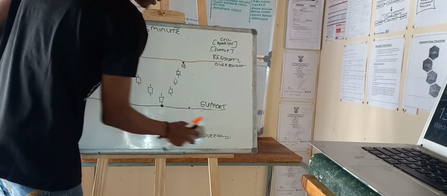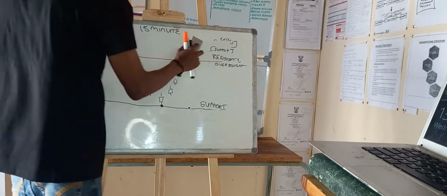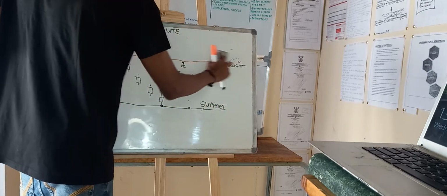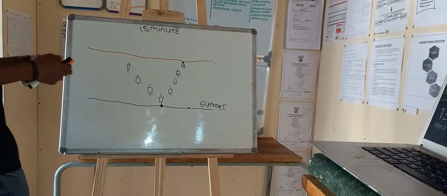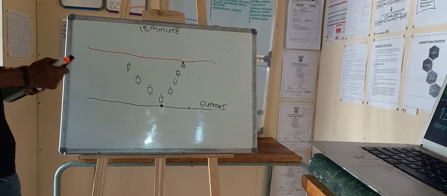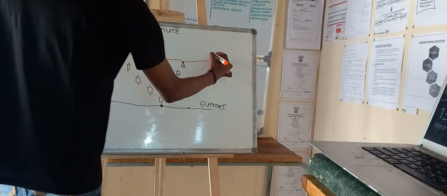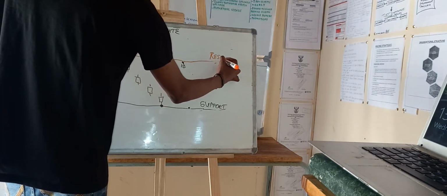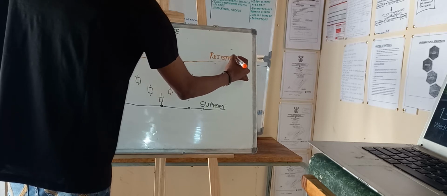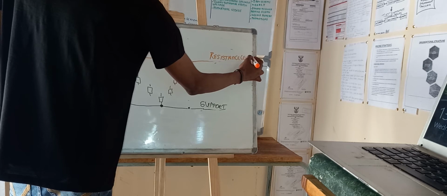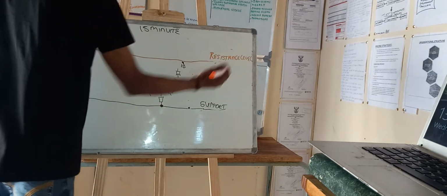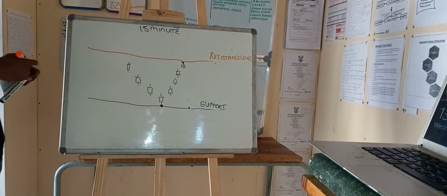Now let me remove these things. Those are the basics. I was just reminding you of what the basics say, which is very important. This is the resistance level, right? The resistance level. This is the support level.